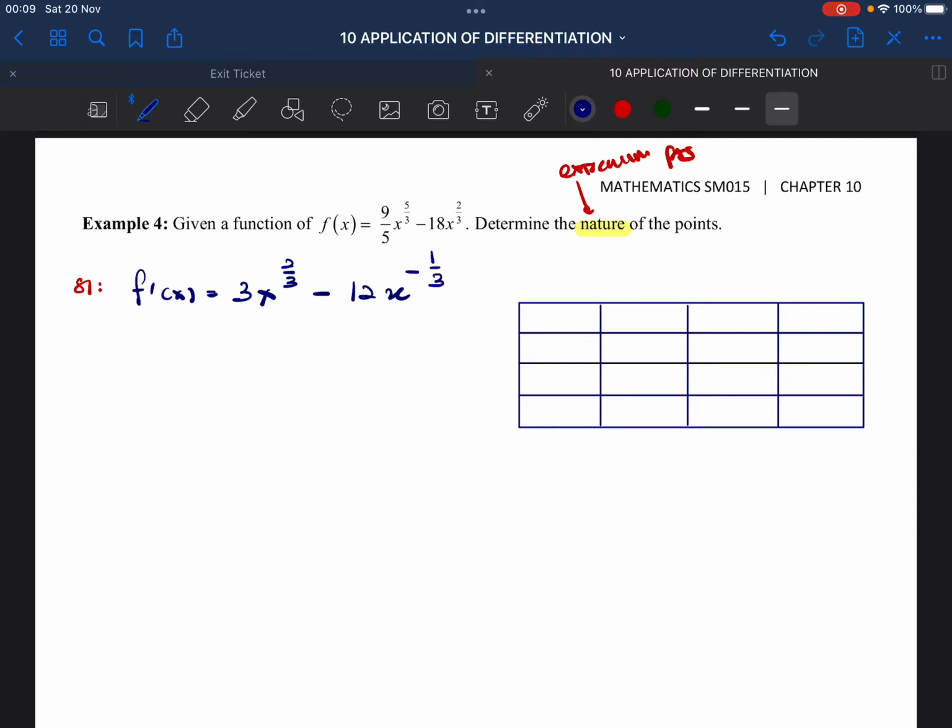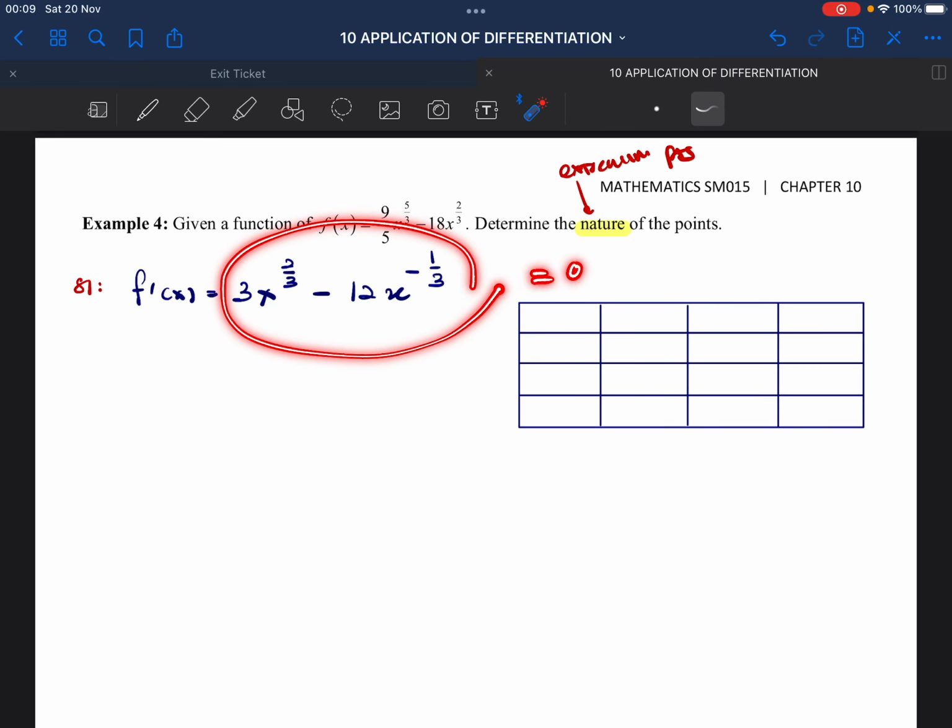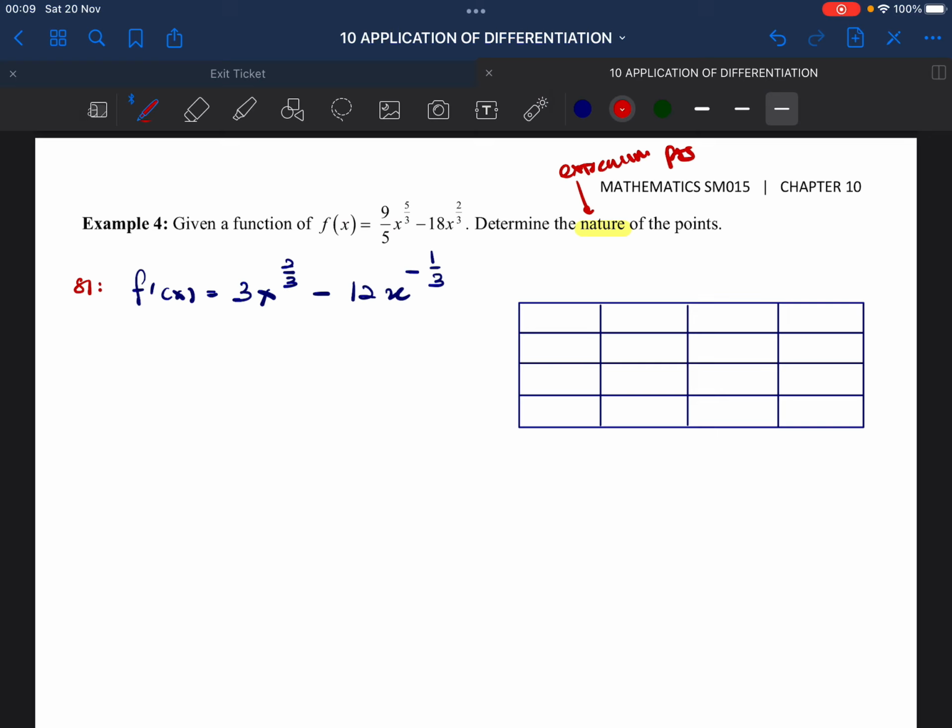Okay, so now we know that the second step is we have to equate f'(x) equals to 0. If you want to find your value of x, obviously in this form, we have to factorize first. So how about we factorize first. With 3 and 12, we can factorize 3 x^(2/3) and x^(-1/3). Remember, factorize the lower power.